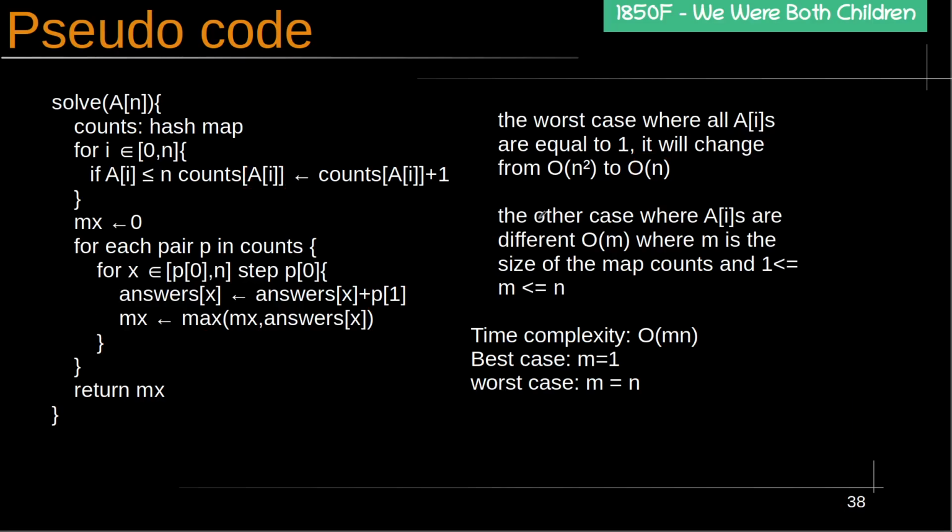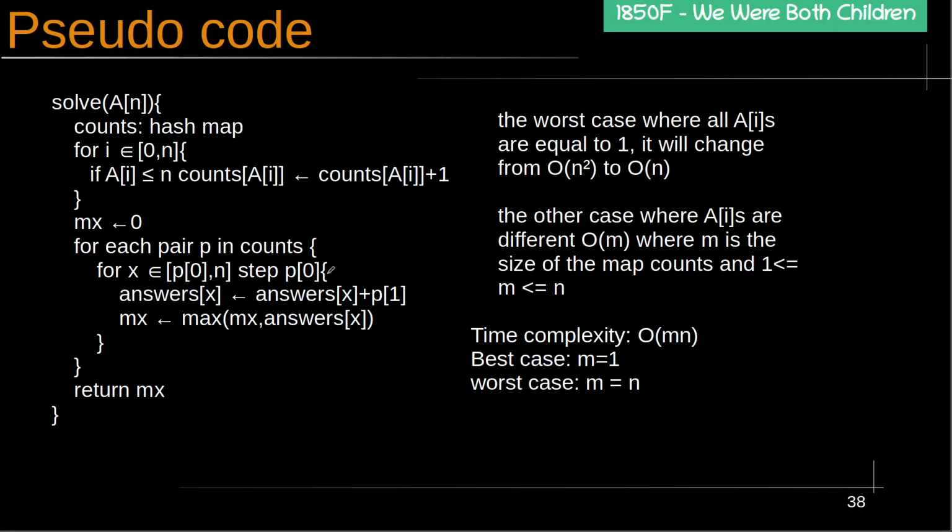There are cases where the A_i's are different. We have O(m), where m is the size of the map counts. Here we are sure that the size m is between 1 and n. It couldn't be greater than n. It's very clear, it makes sense.